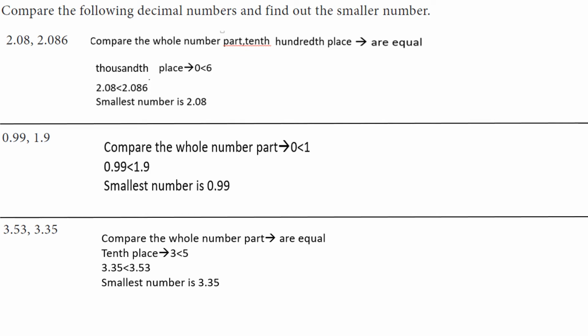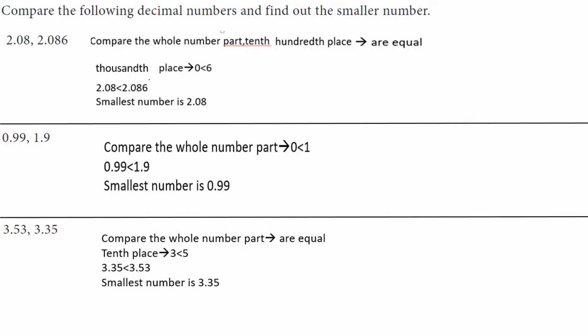Next 1000th part. 2.08 means 2.080. So 0 and 6 you compare. 2.08 is less than 2.086 because 0 is less than 6. Therefore, the smallest number is 2.08.